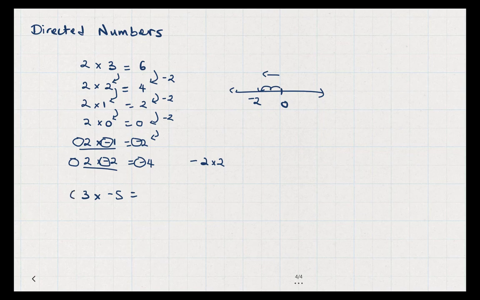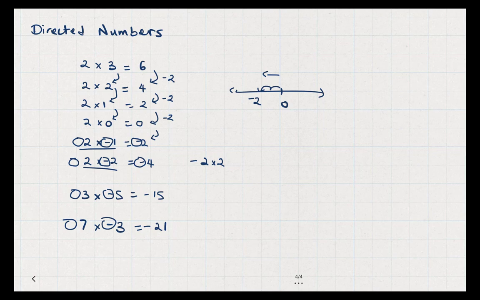So here I have a positive number multiplied by a negative. 3 times 5 is 15. That's negative 15. What about 7 times negative 3? Well, 7 times 3, 21. Positive number, negative number. The outcome is negative.